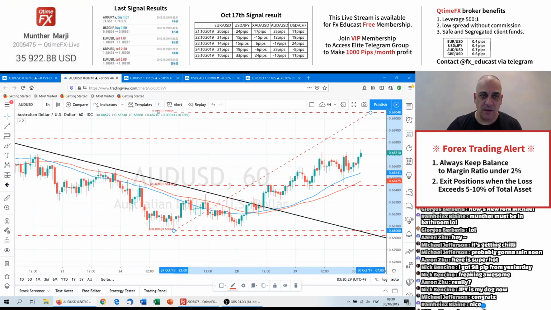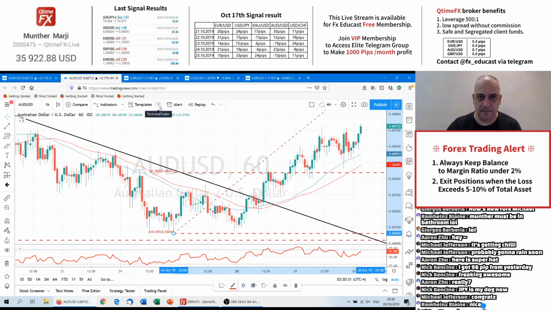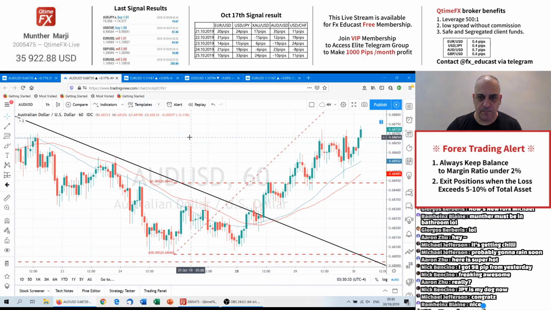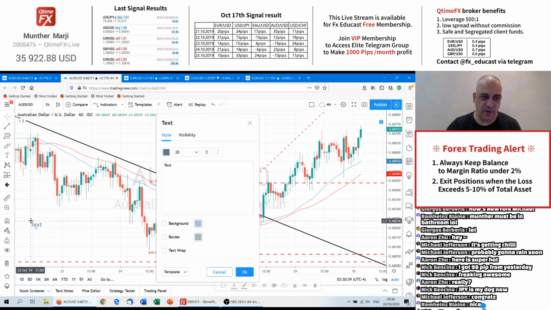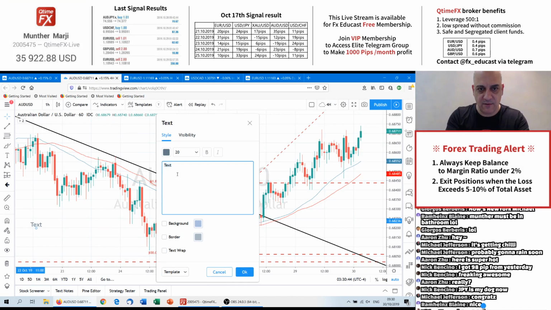So guys, what I really recommend here is this. I'm going to leave this on the chart and come back for it tomorrow. Buy at 69.05.